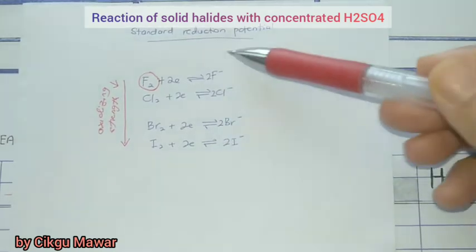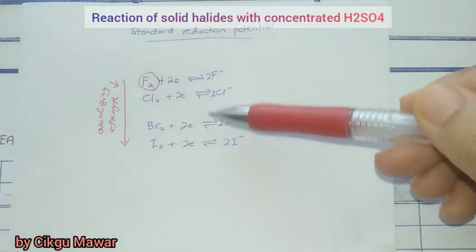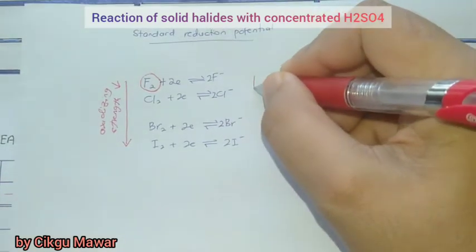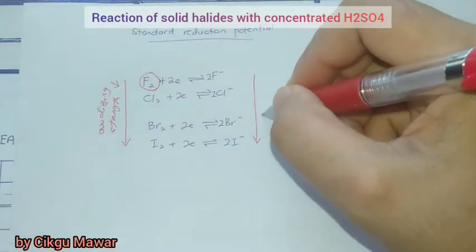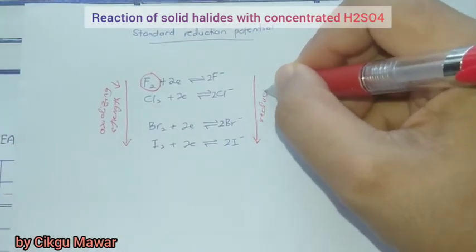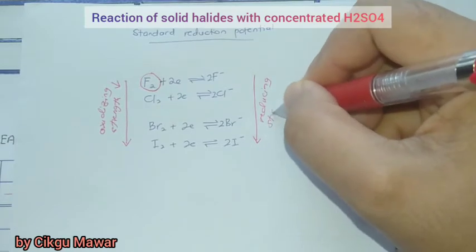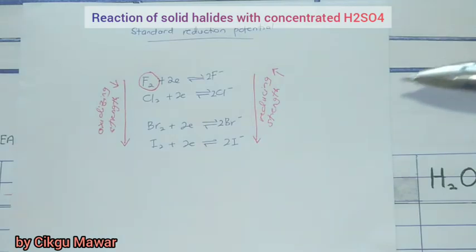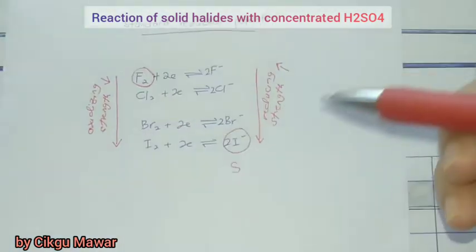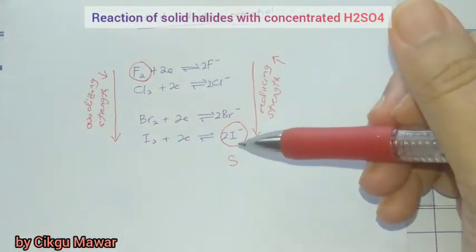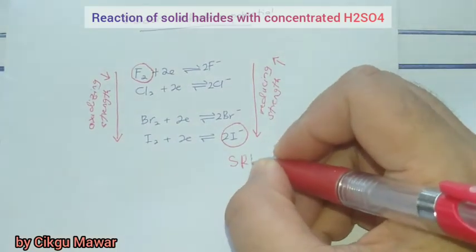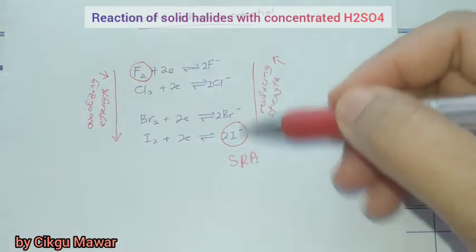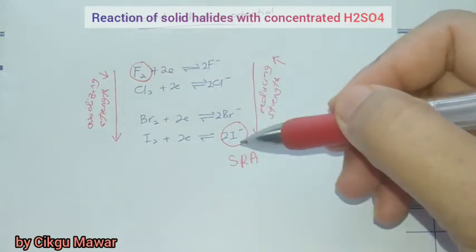All the products will act as reducing agents. When going down the group, the reducing strength gets stronger, so iodide ion will act as a stronger reducing agent. Because they are halides, all the halide ions act as reducing agents.